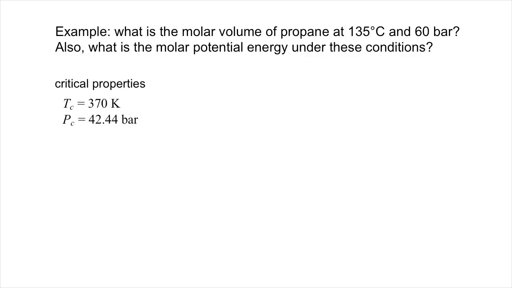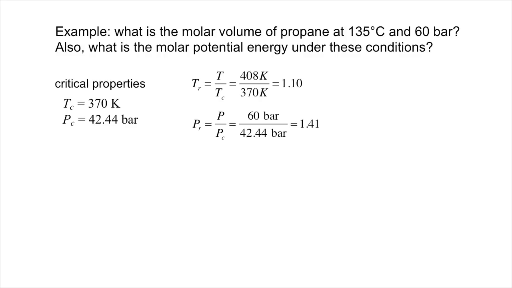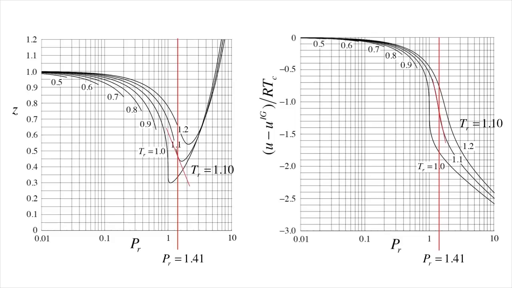Looking up the critical properties, we can directly calculate the reduced temperature, 1.1, and reduced pressure, 1.41, respectively. Consulting our diagrams, we see that at a reduced temperature of 1.1 and a reduced pressure of 1.41, we will have a value of Z equal to about 0.47 and an internal energy departure function of minus 1.15.